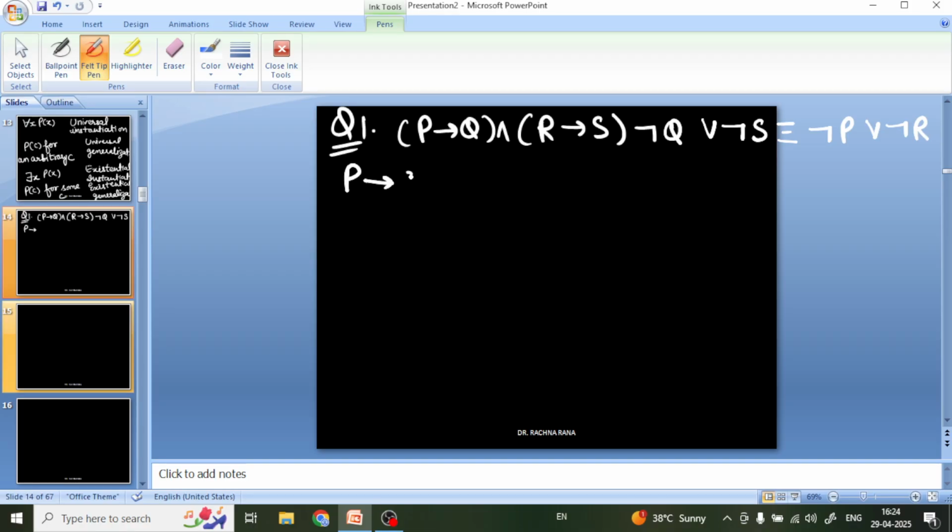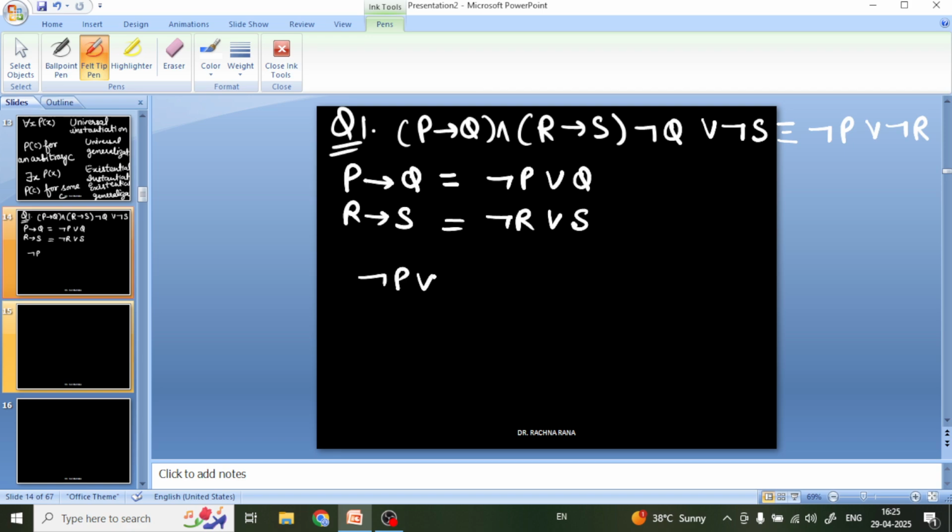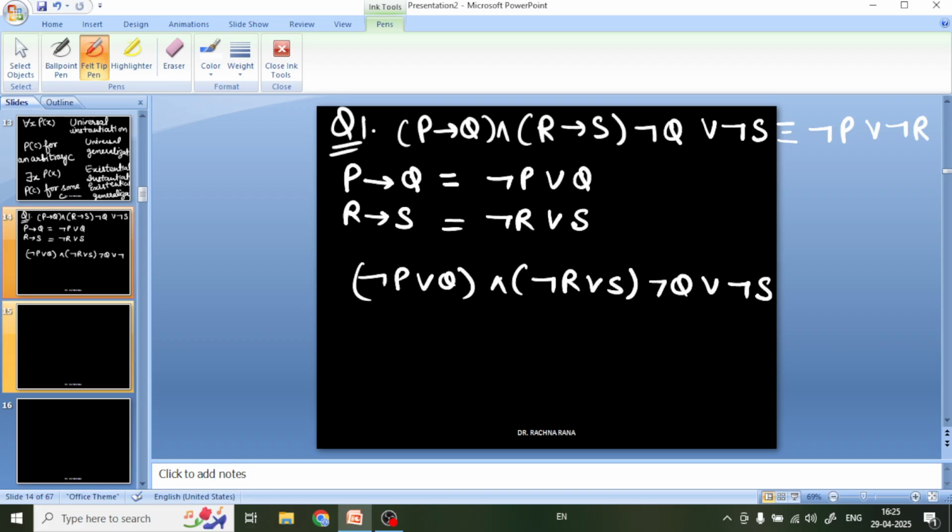First, P implies Q is equal to not P or Q. R implies S is equal to not R or S. Now solve it: not P or Q, not R or S, not Q or not S. Q cuts with not Q, S cuts with not S, and we will find not P or not R.